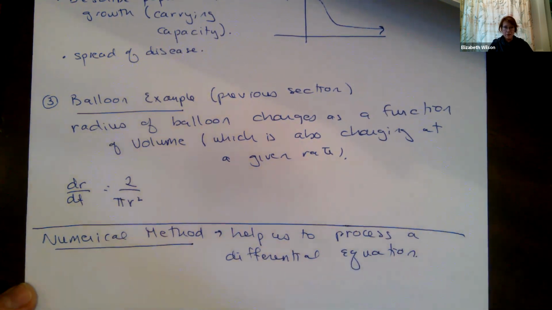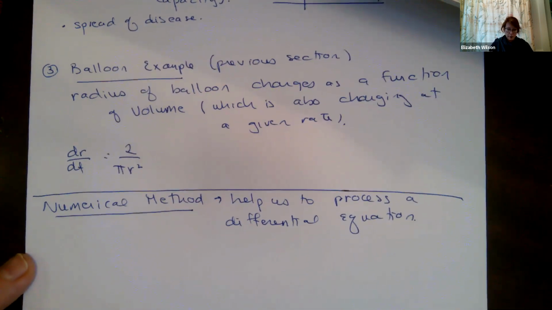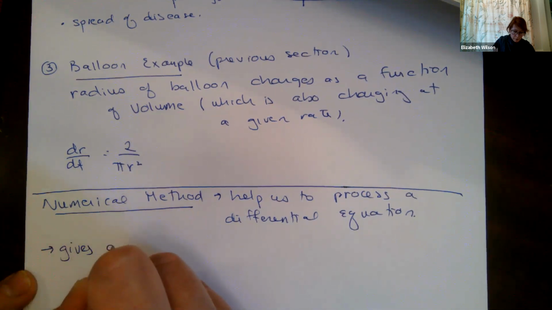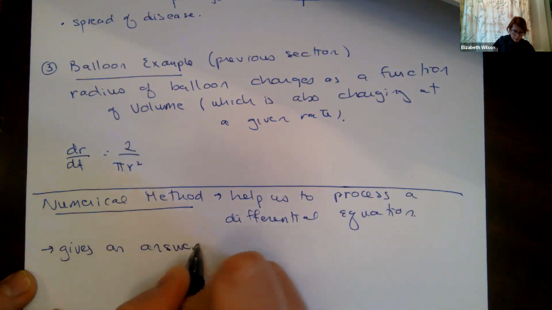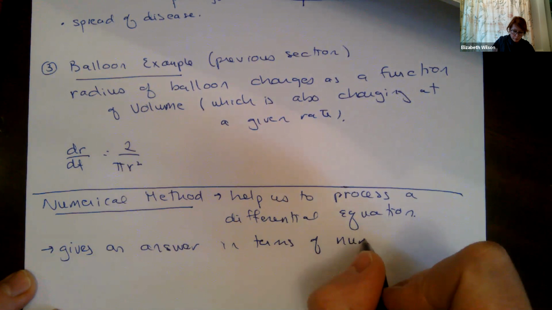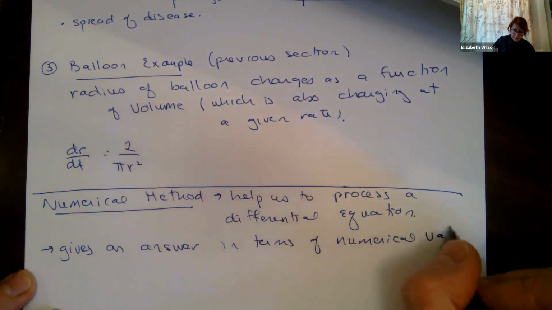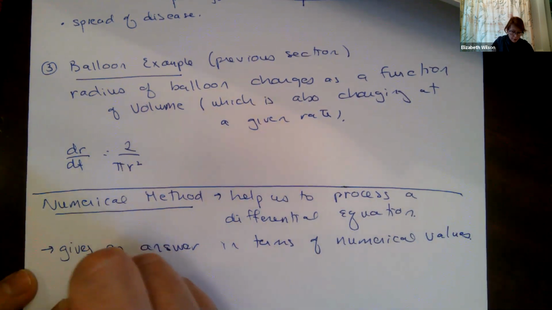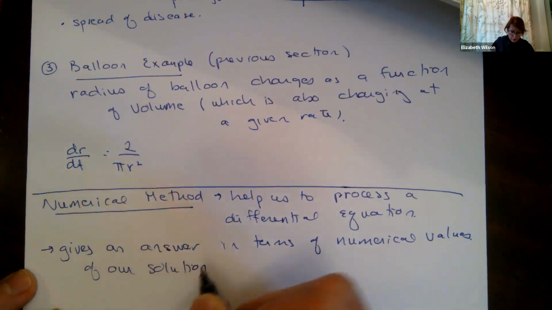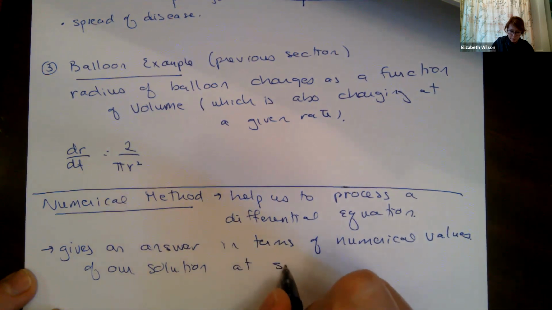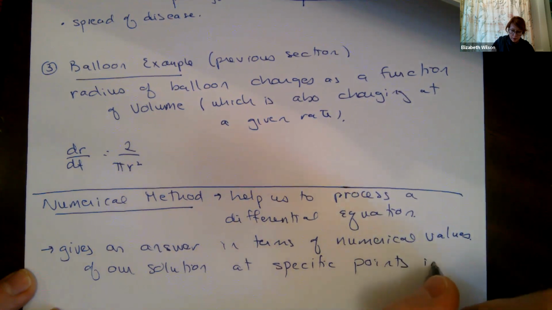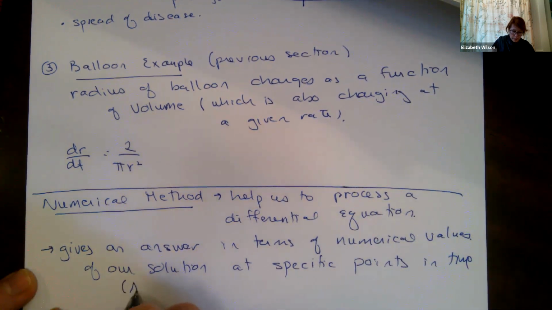It's going to give us an answer in terms of numerical values of our solution at very specific points in time. We call that our delta t.